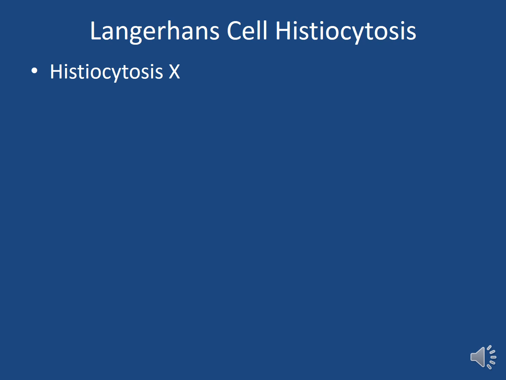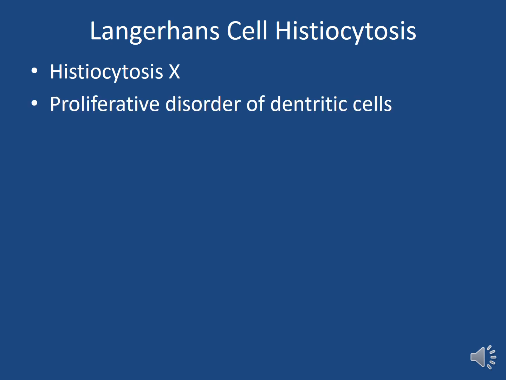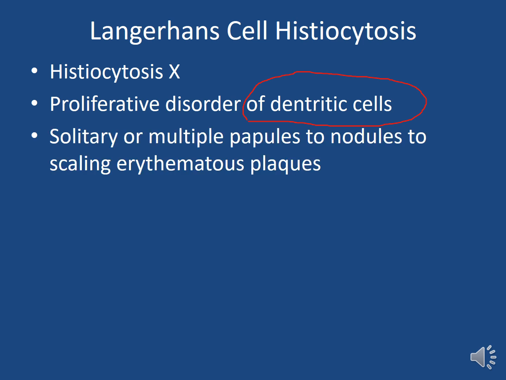Langerhans cell histiocytosis is also called histiocytosis X for short. This condition is caused by the abnormal multiplication of the dendritic cells, a neoplasm of the dendritic cells. The clinical manifestation is highly variable. It can present with solitary, small to large nodular lesions, which may become multiple with time.